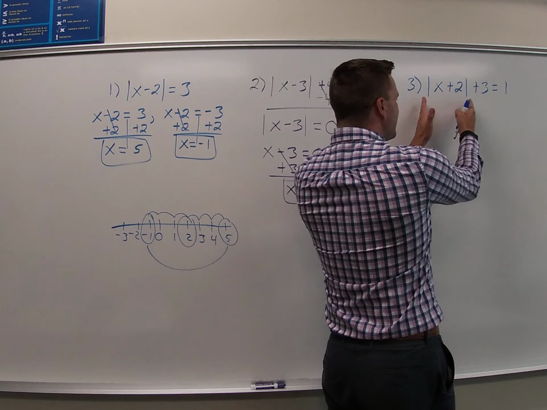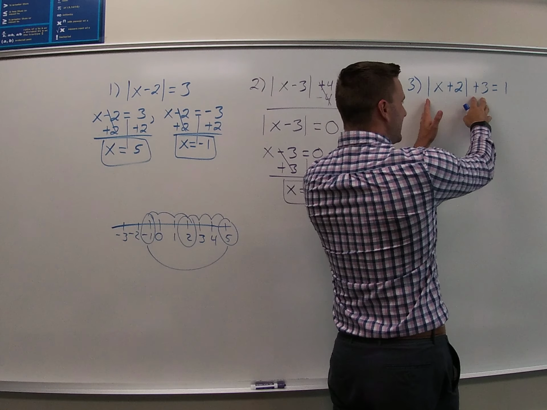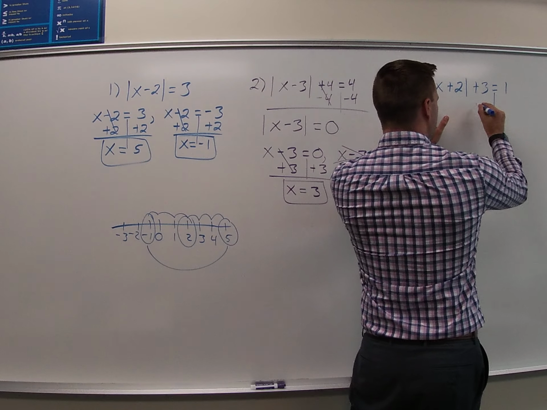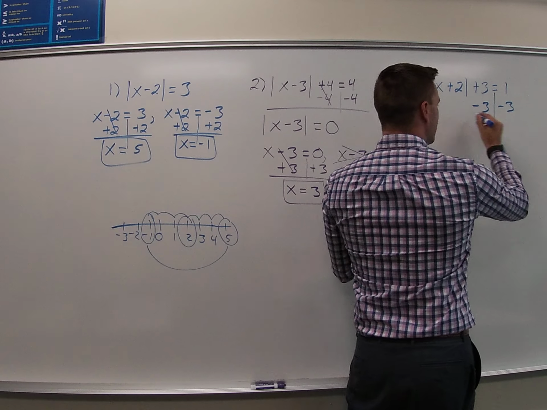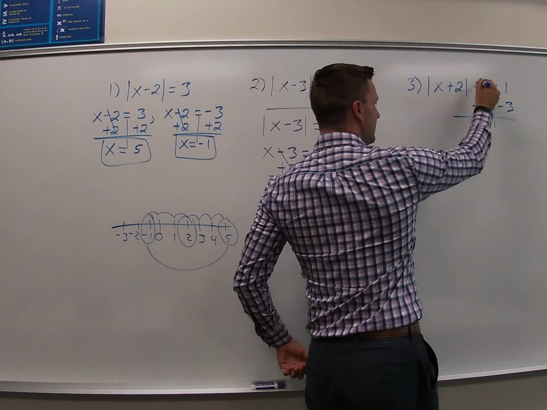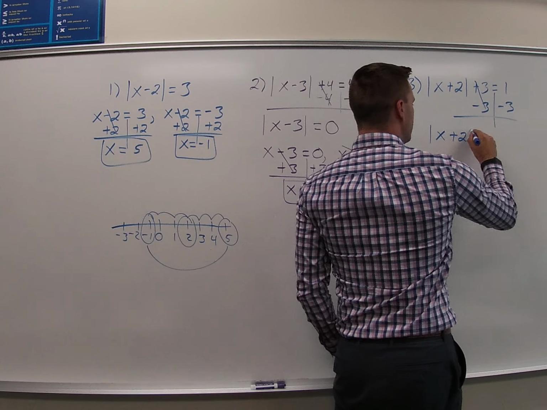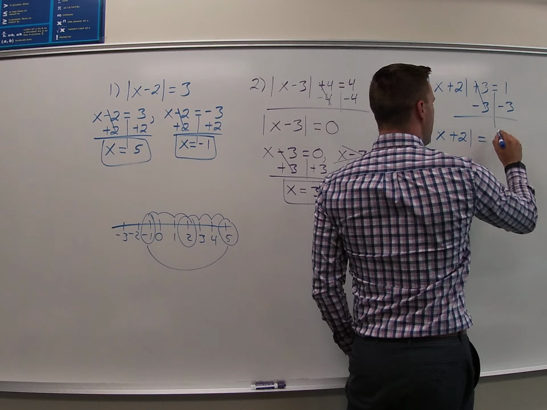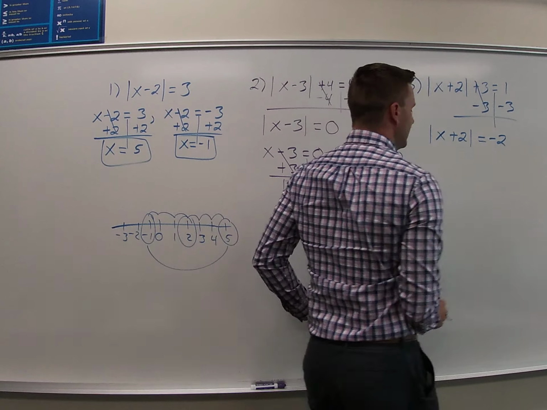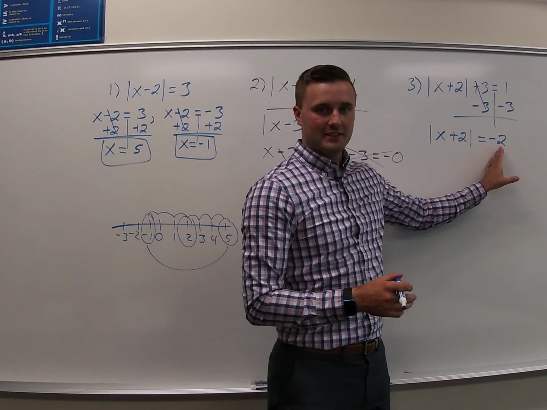When I want to isolate my absolute value, meaning I have to get rid of this positive 3, how do I do that? Well, I'm going to subtract 3 from both sides. These cancel out. I have the absolute value of x plus 2 equals 1 minus 3, which is negative 2. Because absolute value is distance, you can't go a negative distance.